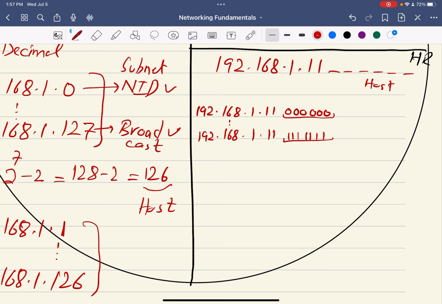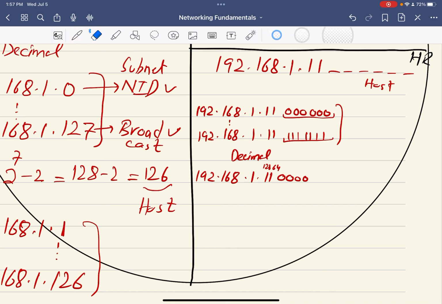So what would be the possibilities? Possibilities is if you convert it into decimal. So the decimal is 192.168.1.11. All zeros. So this is 128 and this is 64. 192, right? So all zeros.